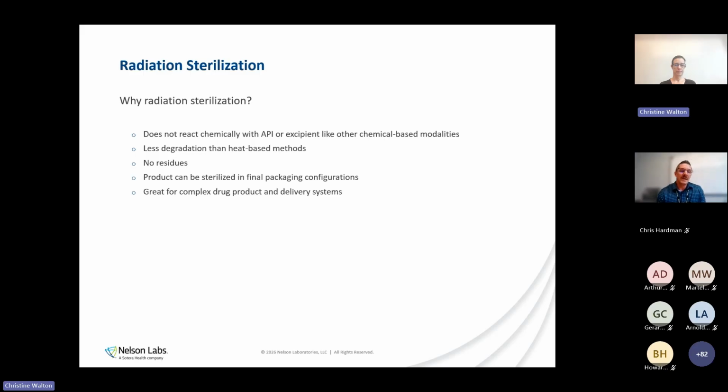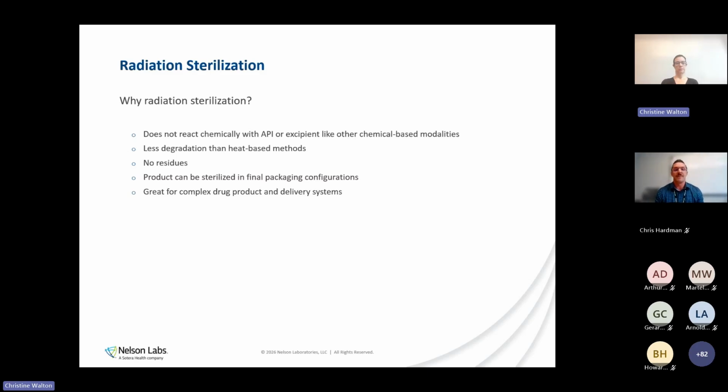Radiation sterilization is popular with pharmaceuticals because it does not react chemically with APIs or excipients. There are no residues, and there's less degradation that occurs to APIs or excipients compared to heat-based methods, which is another preferred method. But with some of the products or raw materials that are heat sensitive, steam or dry heat just isn't possible.